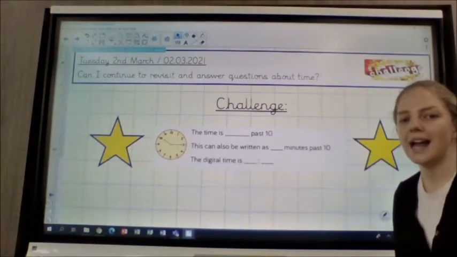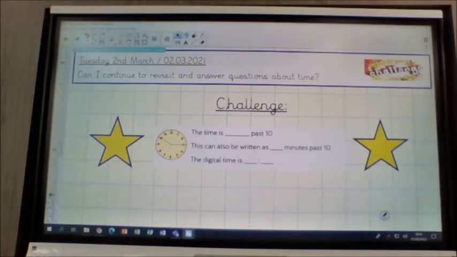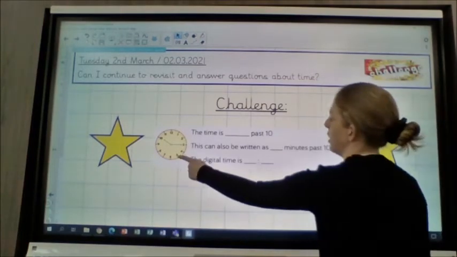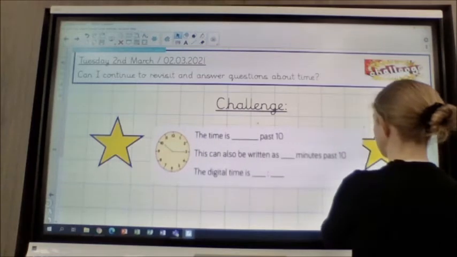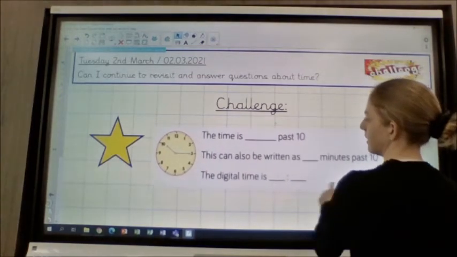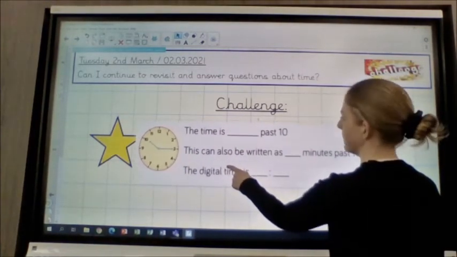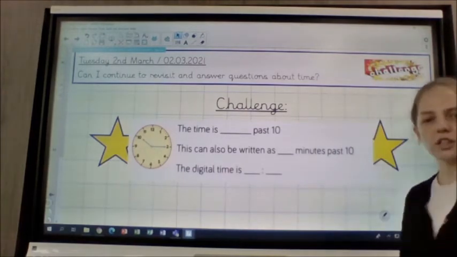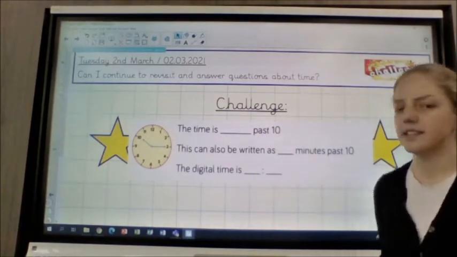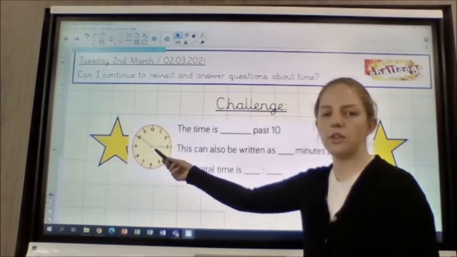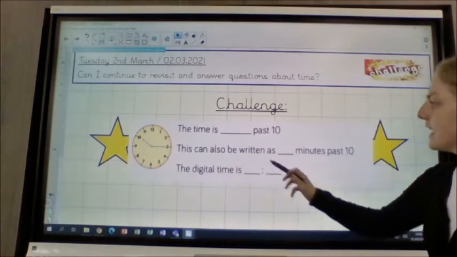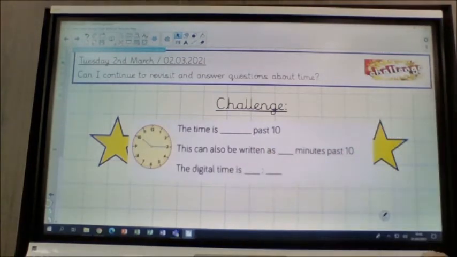Okay, so your challenge for today is to have a look at this clock. I don't know if you can see it, so I'm going to make it a little bit bigger. So you've just got to finish these sentences. You've got your clock there with your clock face. It's saying the time is something past 10.